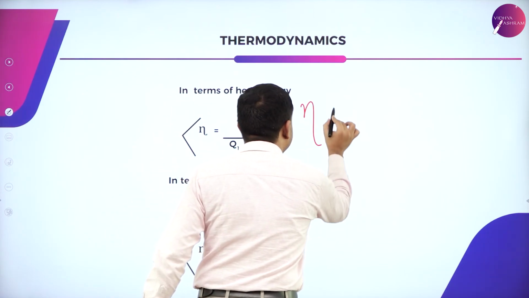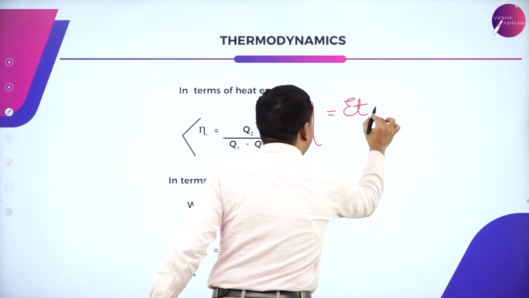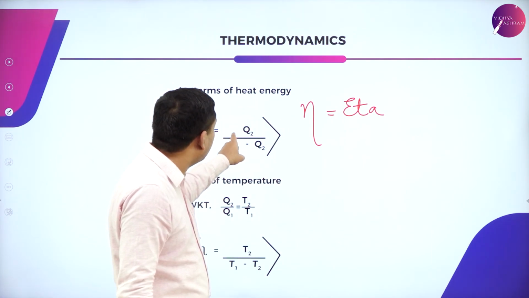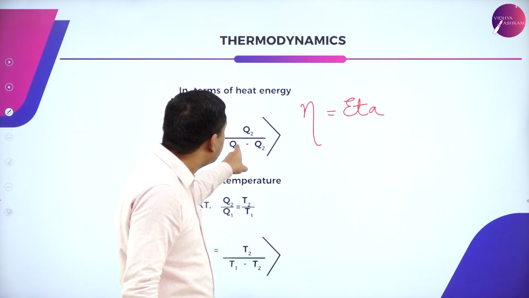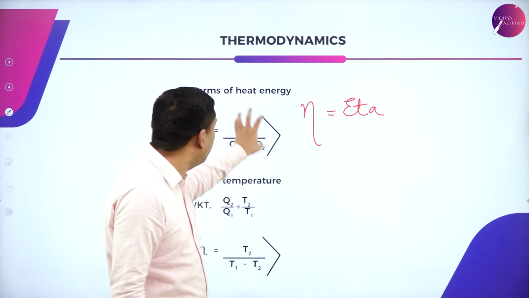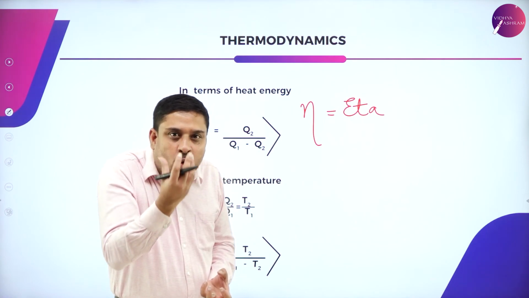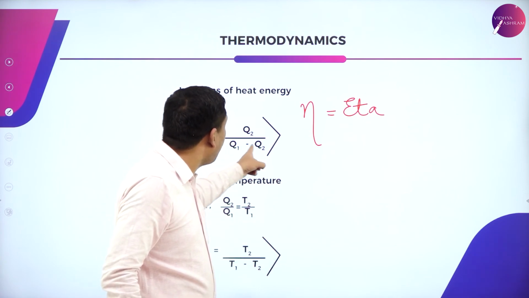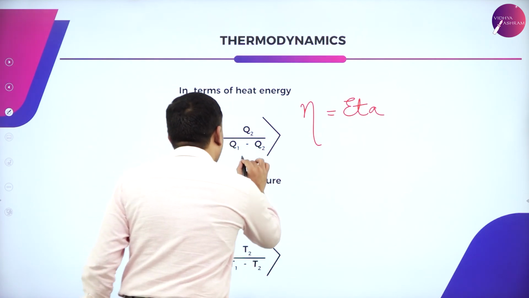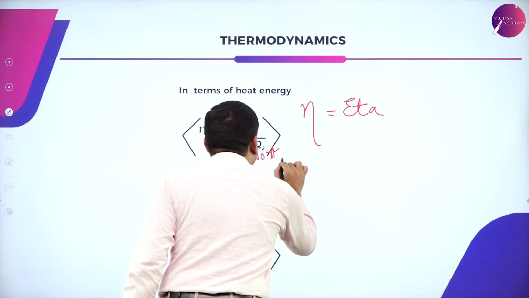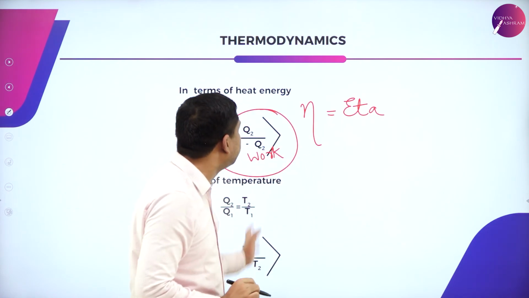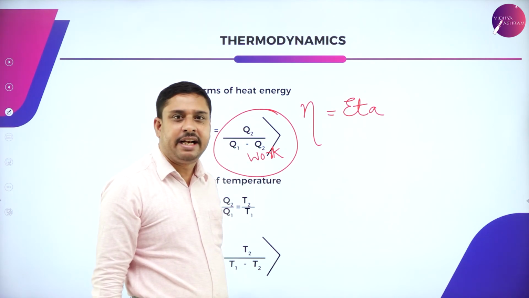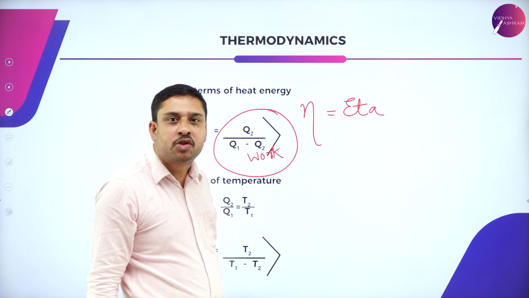So efficiency is represented by the symbol eta. Eta is Q2 divided by Q1 minus Q2. See, Q2 is the amount of heat taken from the cold body. Q1 minus Q2 is the amount of heat converted into work. This percentage is giving you efficiency. Q2 divided by Q1 minus Q2.